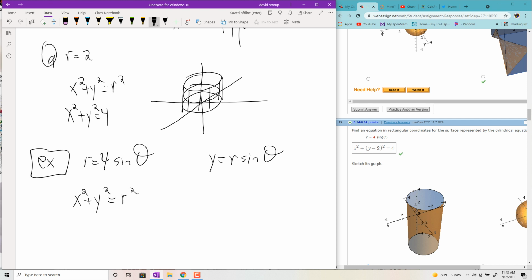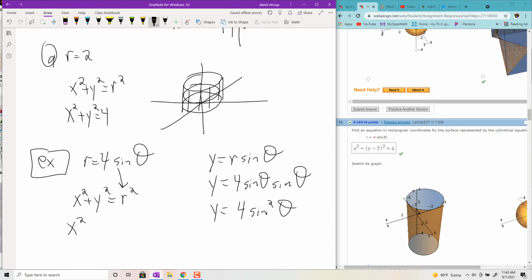But here, you can rewrite y using this formula for r. So y is 4 sine theta times sine theta, and that's equal to 4 sine squared theta. Watch what happens when I plug r in here.